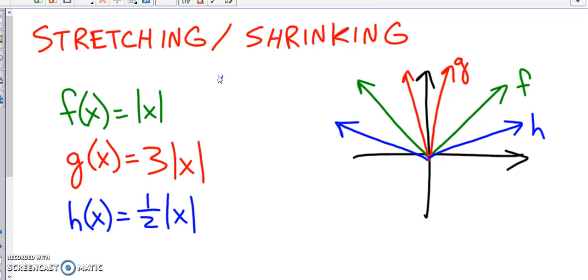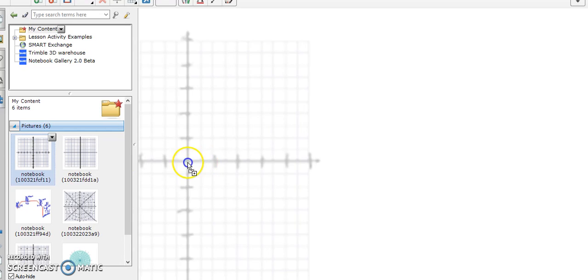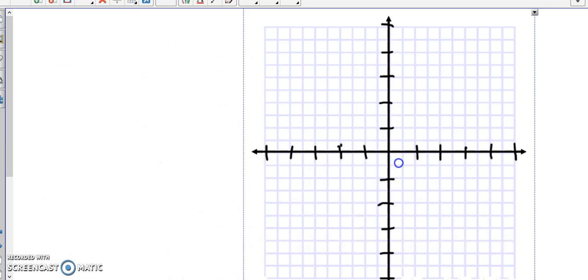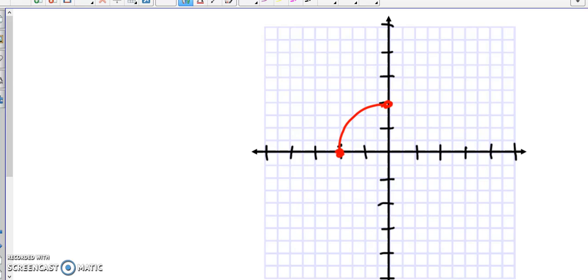So, for this one, I'm going to get a coordinate plane because I want this to be drawn fairly accurately. All right, here we go. I just made this up.